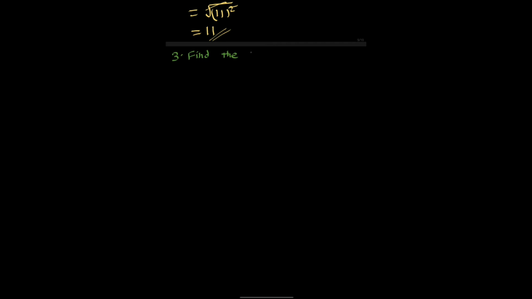Find the equation of the circle passing through the origin and having the center at minus 4 comma minus 3.